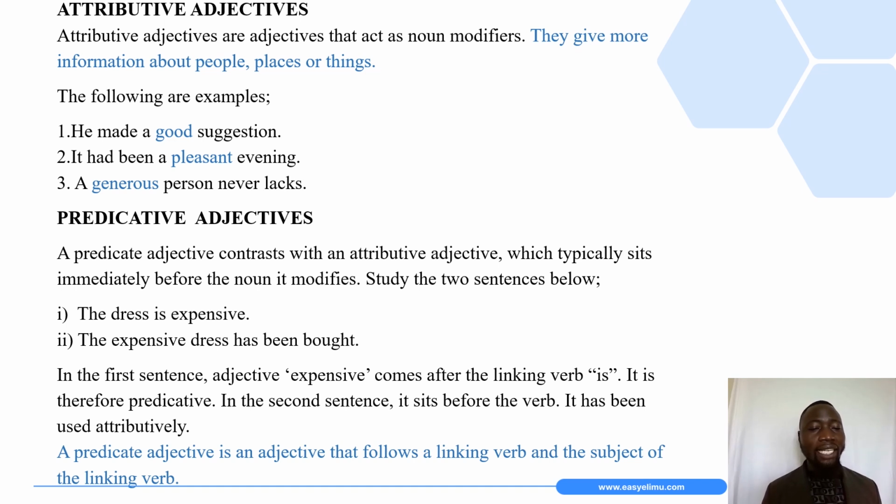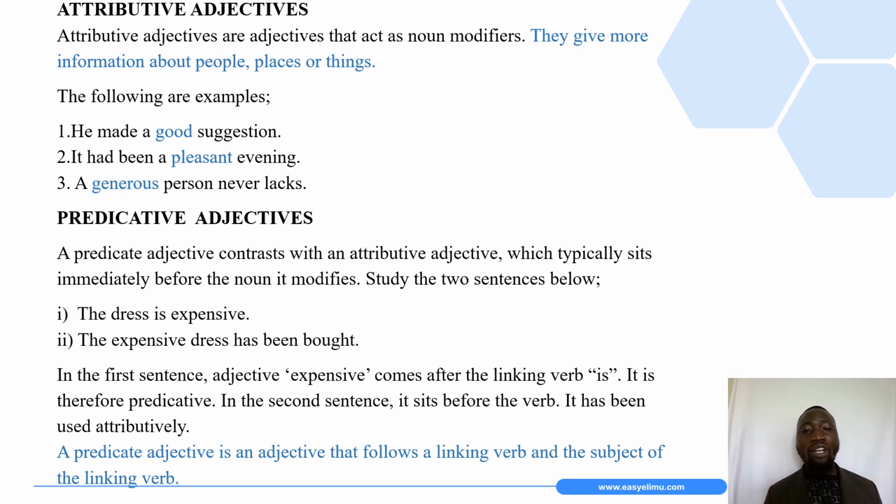So if you keenly study the three sentences that we have, then you'll realize that the ones in bold, that is good, pleasant, and generous, are all adjectives. They are called attributive adjectives because they appear just before the noun.